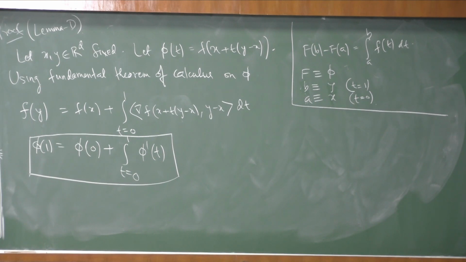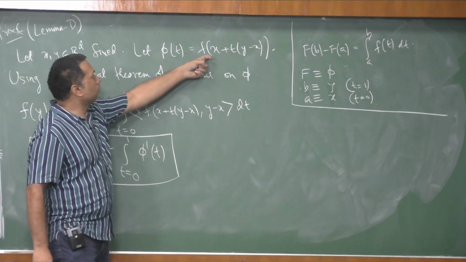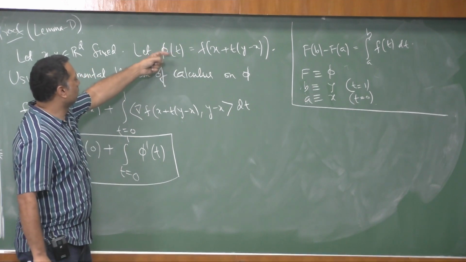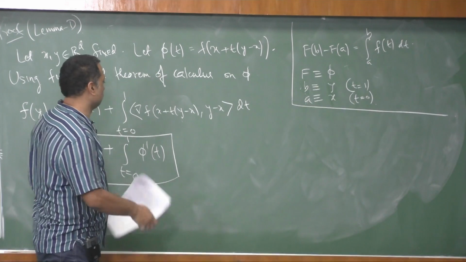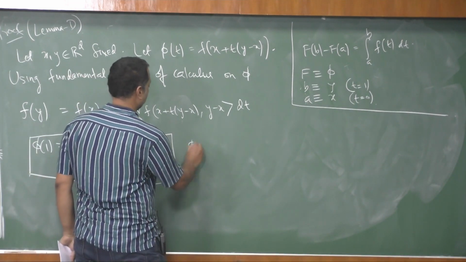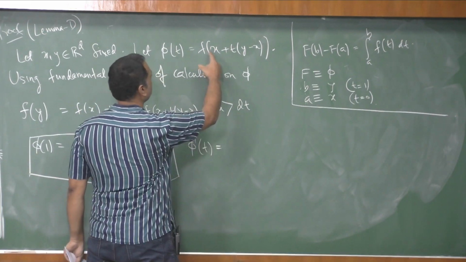So at phi(1), for t equals 1, you have f(y). For t equals 0, you have f(x). And in the integral, you will do t equals 0 to 1. And phi prime(t) is the derivative of this guy, so you apply the chain rule. Phi prime(t), I have to take the derivative with respect to t.